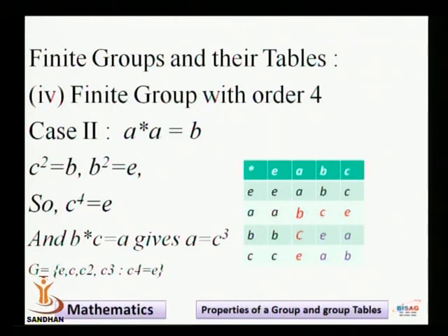In the second case, this is again a cyclic group, exactly equal to the form of Z4 plus 4. So we can say that any group of order 4 is either isomorphic to the Klein group V4, or isomorphic to the group Z4.